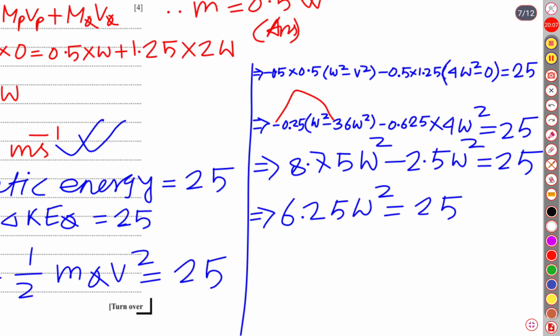Then if we divide 25 by 6.25, it is going to be actually 4. Okay, so w square is equal to 4. Hence our w is 2, because final velocity, they were in motion, it was not negative. We are picking up the positive result since w is more than 0.